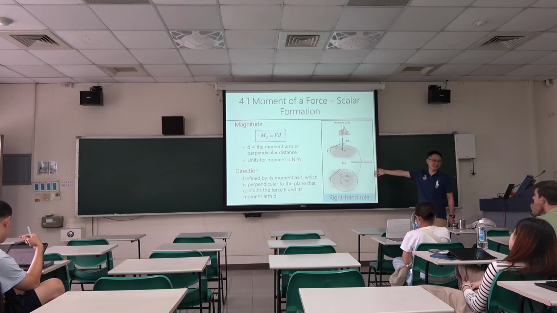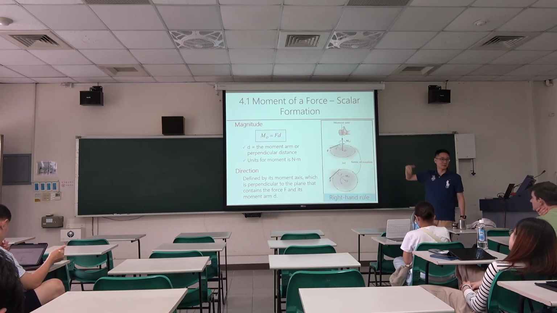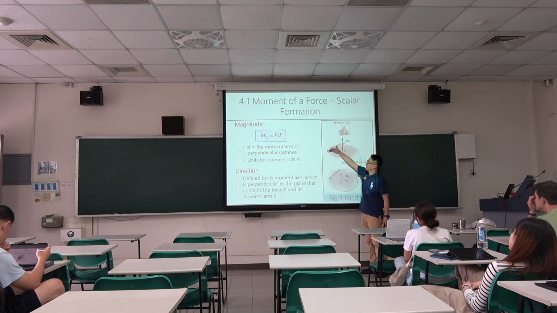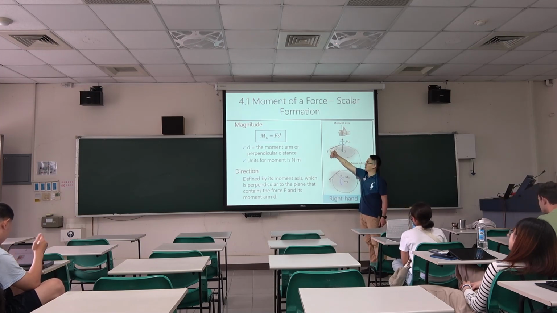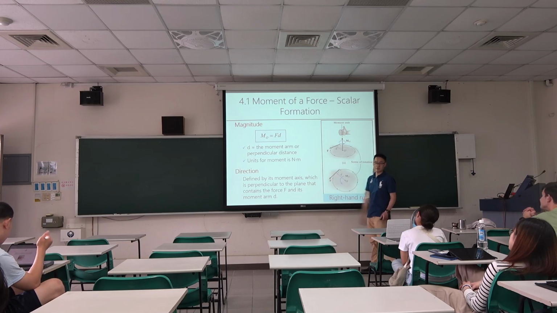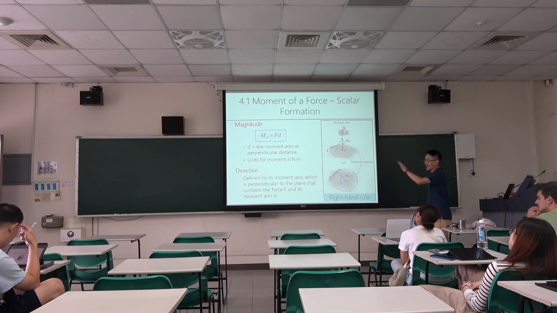That's the main content of this chapter. We have to learn from 2D first, and then later extend to 3D conditions. So force, then curl to the lever arm direction gives us the moment direction. That's the same concept applied to the whole chapter.